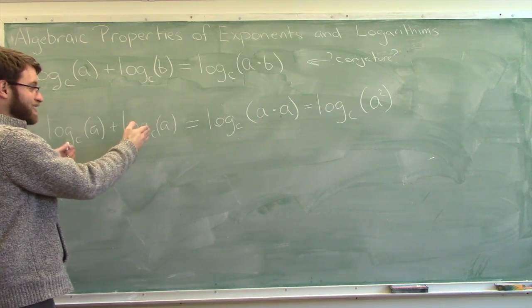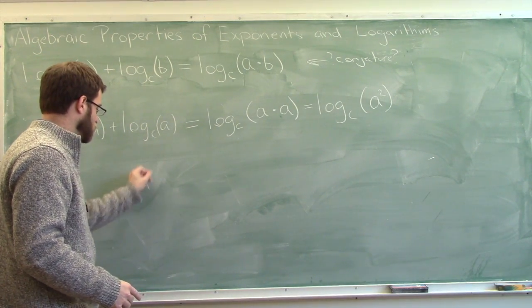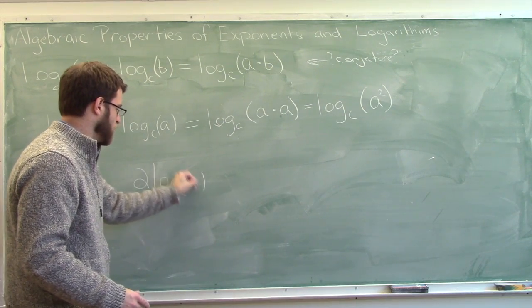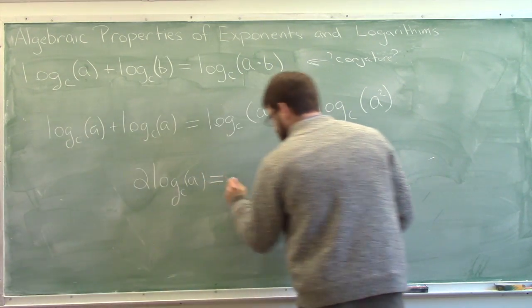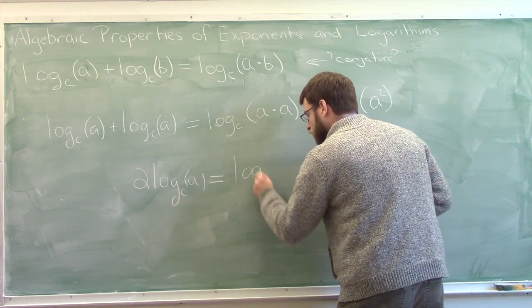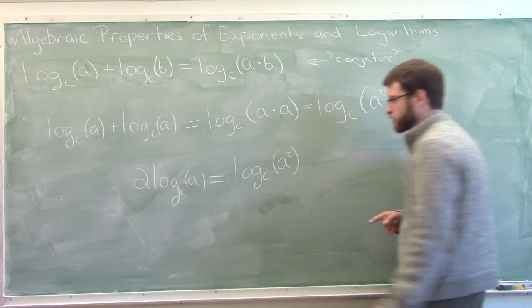So we can combine these like terms. We can say, if we compact this idea, that 2 times log base c of a is going to be equal to log base c of a squared.